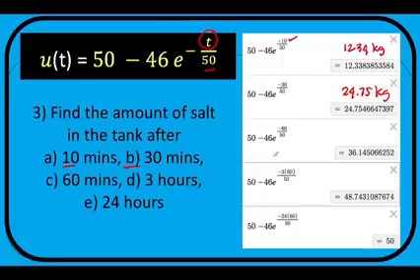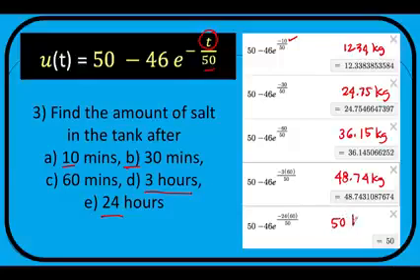Letter C, after 60 minutes, we have 36.15 kilograms. At time equals 3 hours, that is 3 times 60 equals 180 minutes, the amount of salt in the tank is 48.74 kilograms. And after 24 hours, the amount of salt in the tank is 50 kilograms.